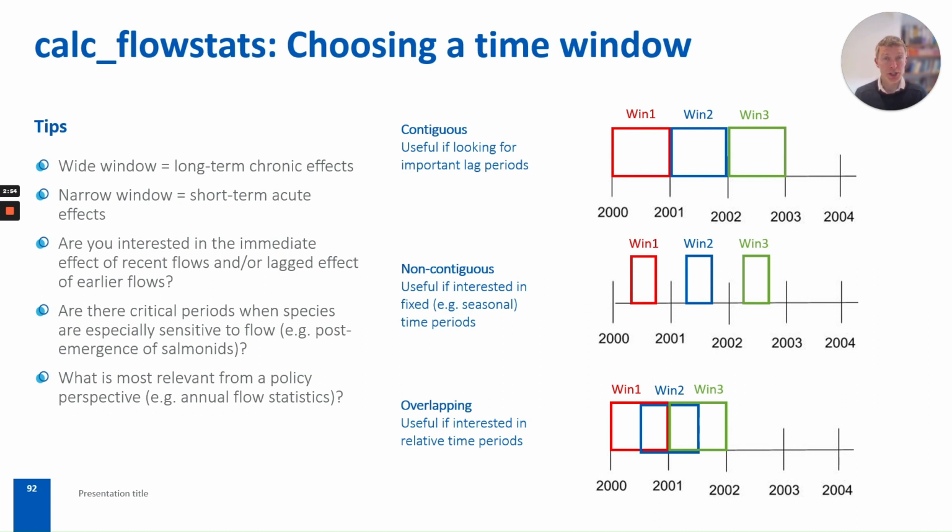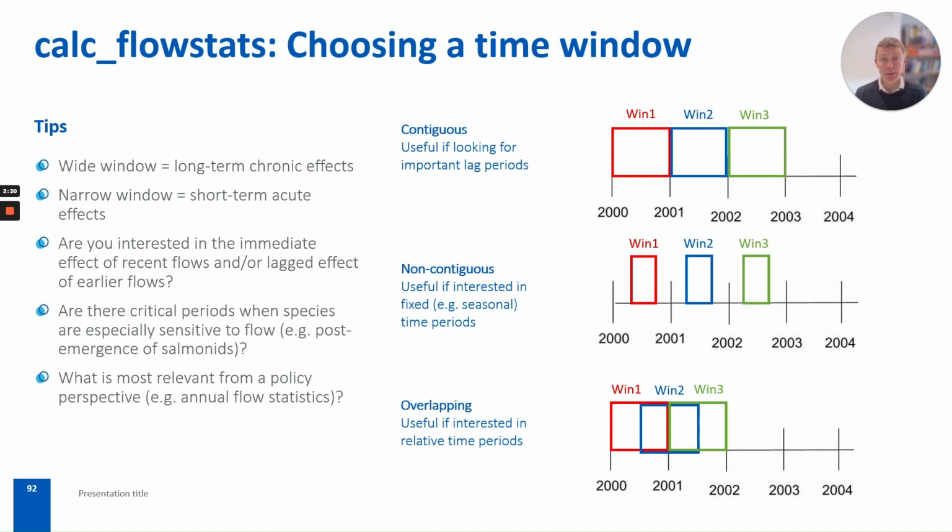In that situation, we might choose a window which spans several years and provides an integrated measure of the flow conditions over an extended period prior to each biology sample or survey. Alternatively, if we're interested in short-term acute effects of flow, so relatively short-term drought or flood events, for example, then we might choose a relatively narrow window which is able to home in on the flow conditions that have been experienced relatively recently prior to sample collection.